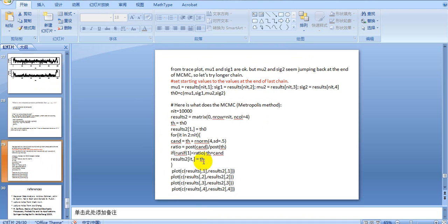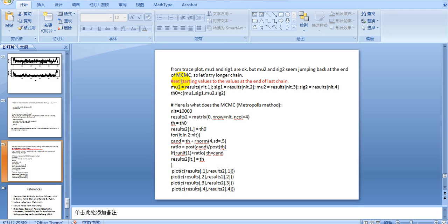So there's another code, and we can run it for a longer time. When you run, you can just continue the Markov chain based on the previous run.